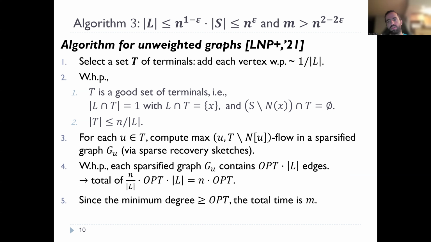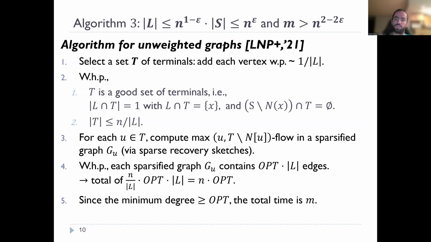So first, just at a high level, we select a set of terminals where we add each vertex with probability 1 over the cardinality of L. Now we know that with high probability, T is a good set of terminals, which means that there is exactly one vertex that is a terminal that was chosen from L. And if we call this vertex X, then we know that S without the neighborhood of X does not have terminals.